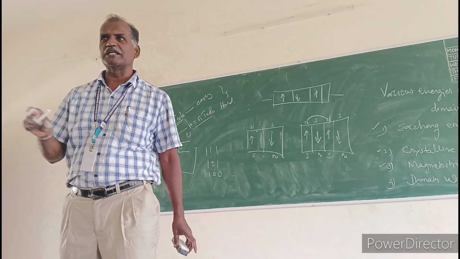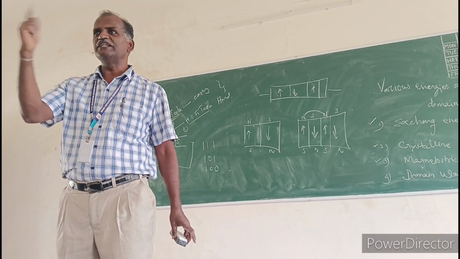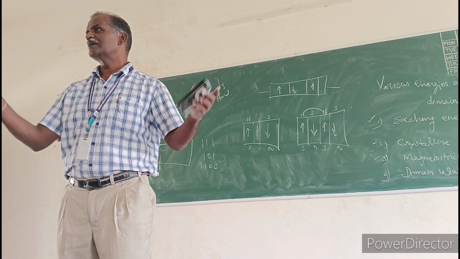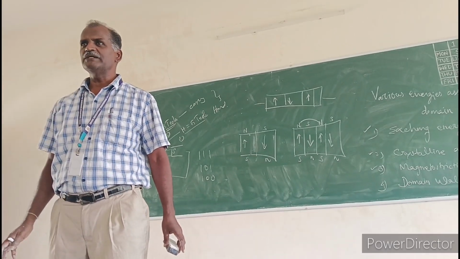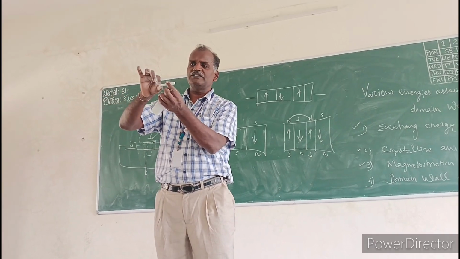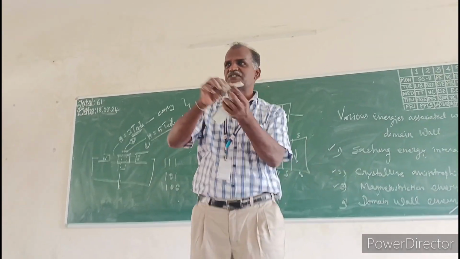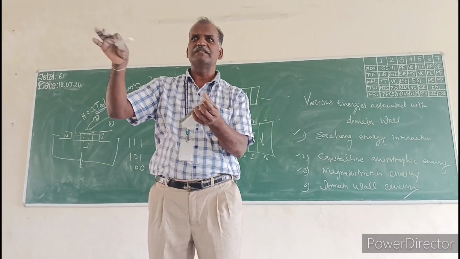During demagnetization, all the magnetic moments are randomly aligned. Imagine if you align all the chalks parallel to each other, the length will be more. If the chalks are aligned randomly, the length will be reduced.